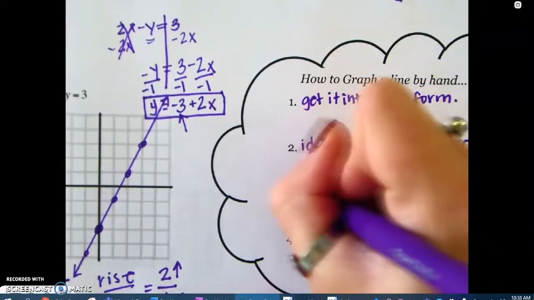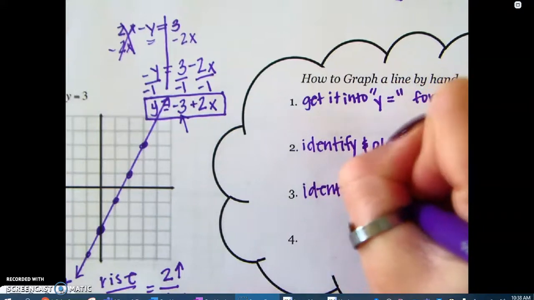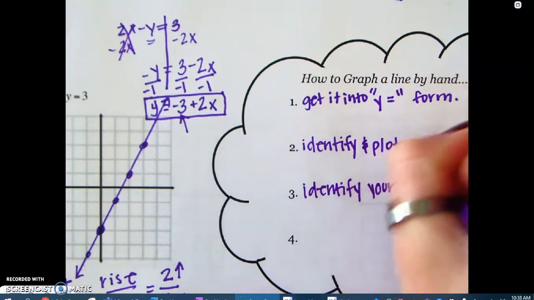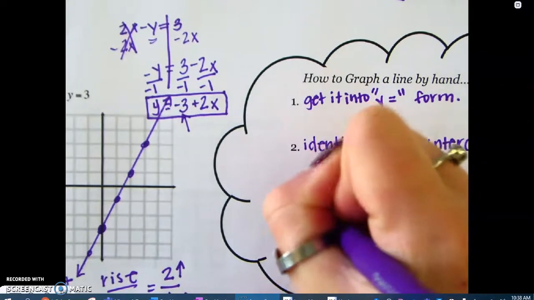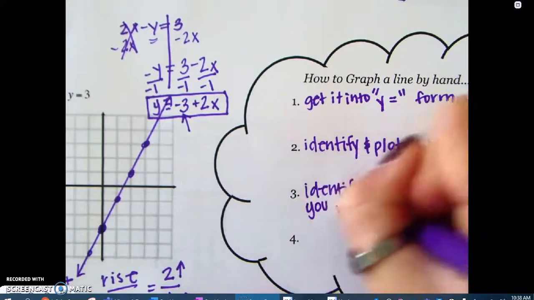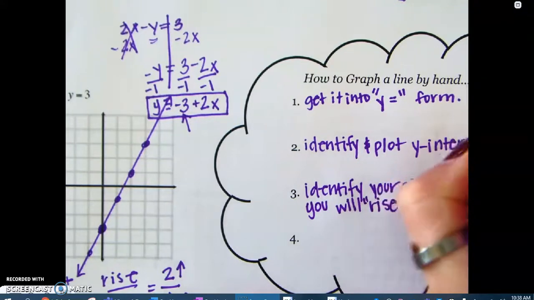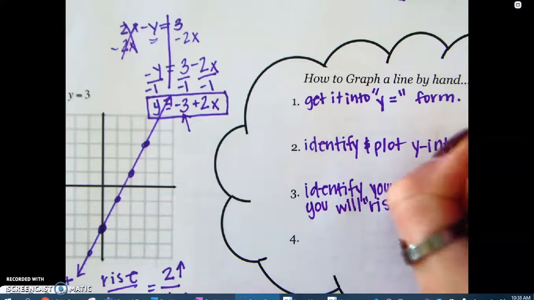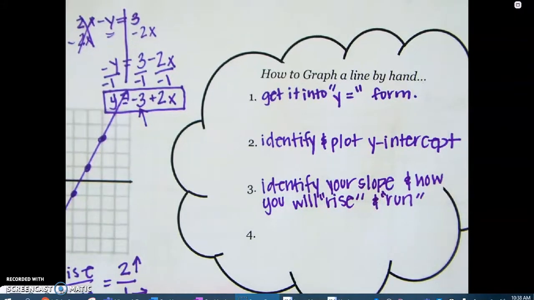Then identify your slope and how you will rise and run. So you're going to want to identify your slope, and then that will tell you how to rise and how to run to your next point.